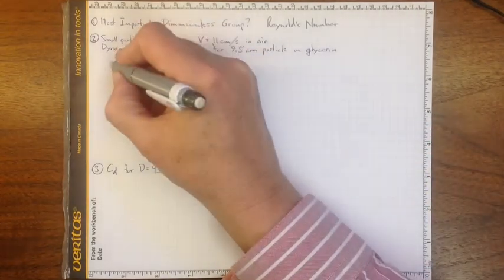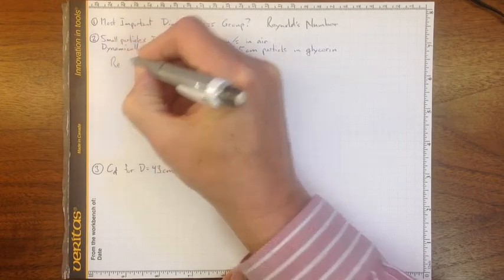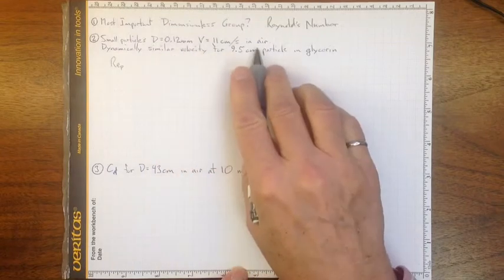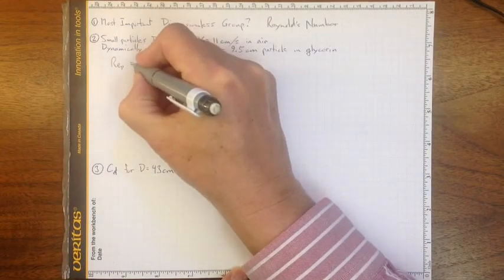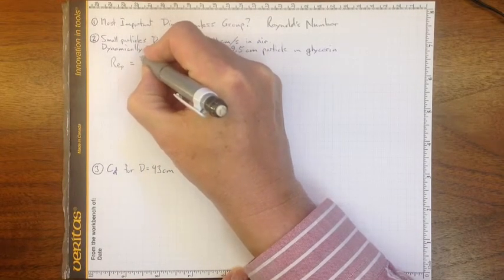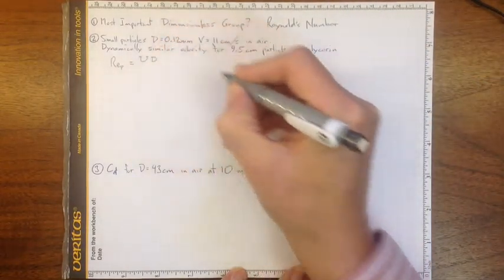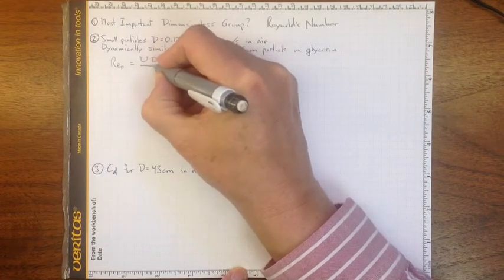So we need to have the Reynolds number for the original prototype. That's the small particle in air. It's going to be the velocity that we're interested in times the length scale, which in this case is going to be the diameter, divided by the kinematic viscosity.